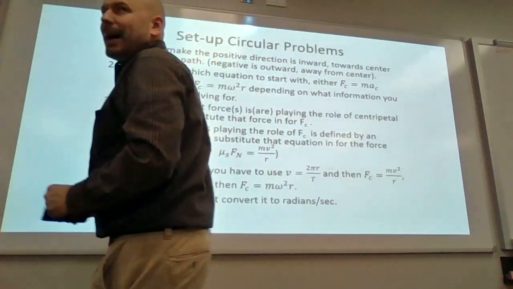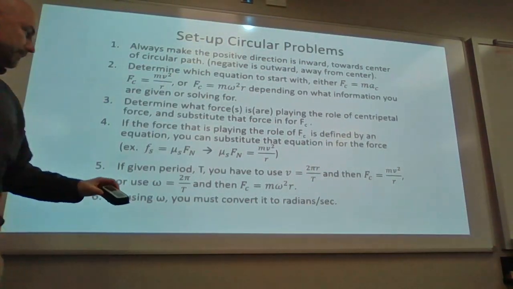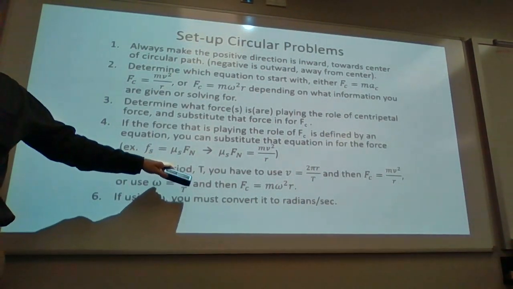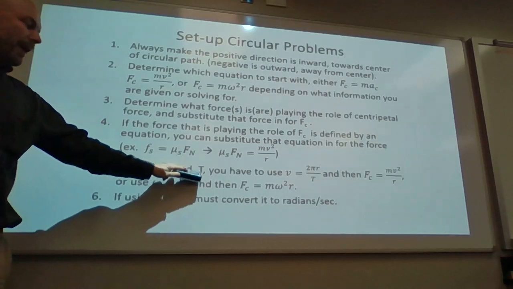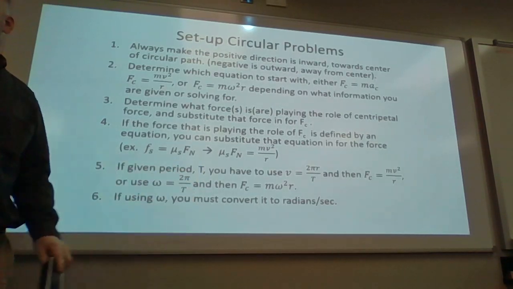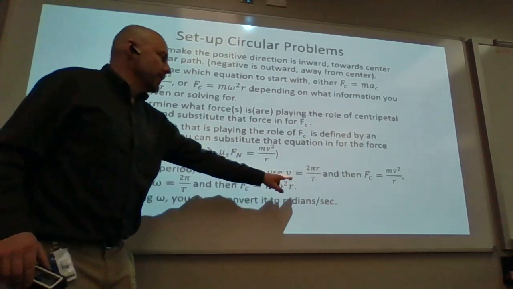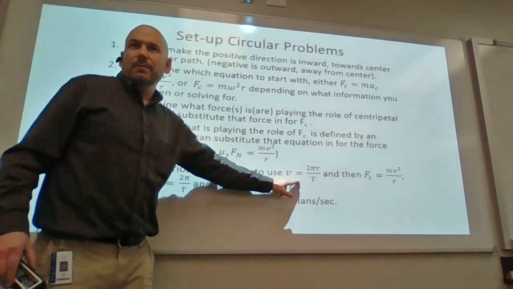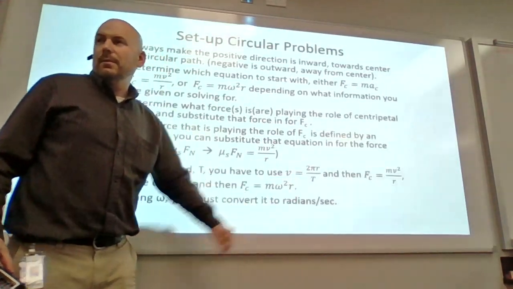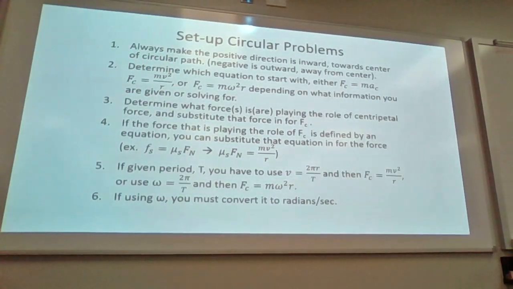The only thing I did not incorporate in this example is the period. If I give you the period, or I ask for the period, this is the only equation that has the period.